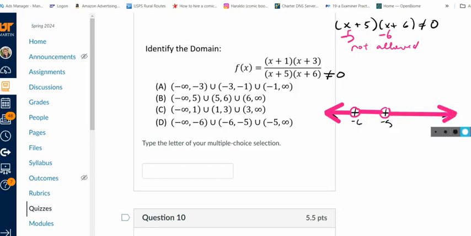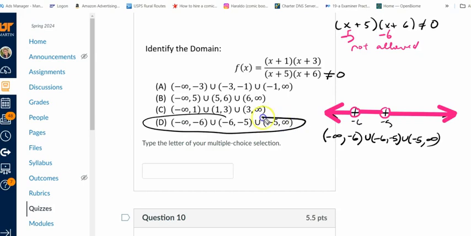Now, if I read the number line off from left to right, we're going to start at negative infinity, come up to but not include negative 6. Then we have to jump over that gap at negative 6. Want everything between negative 6 and negative 5. Jump over this gap at negative 5. And then everything past that. And that is matching up with D.